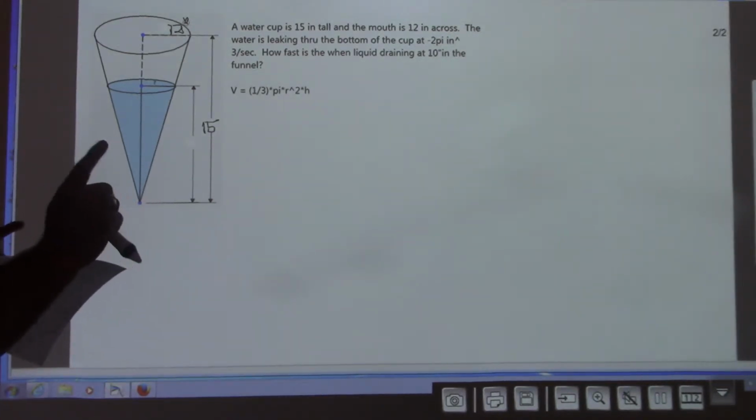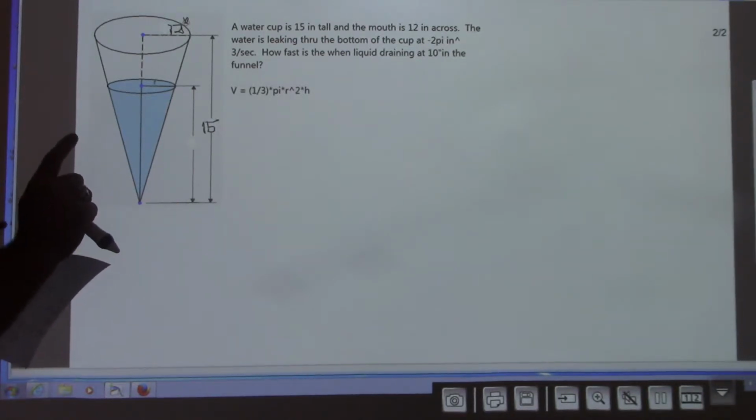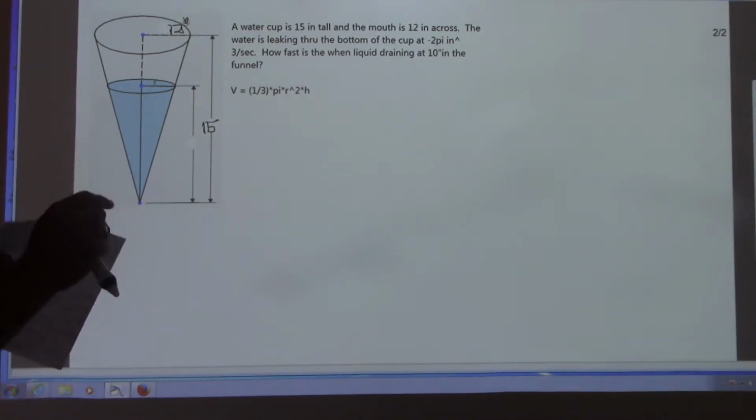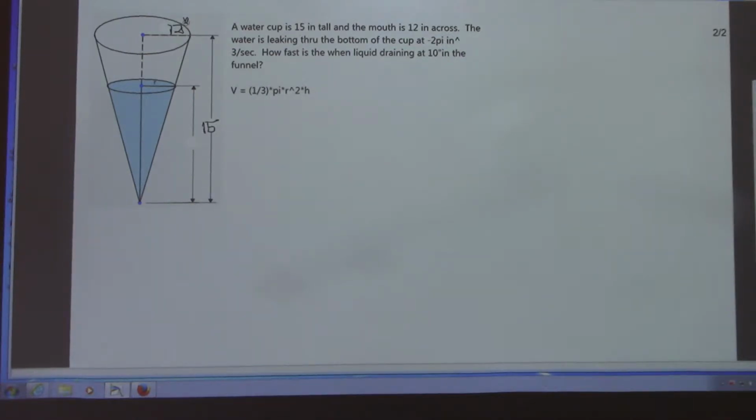That's volume, so dV dt is going to be equal to 2 pi cubic inches per second. And they want to know how fast the water is going down when the liquid is at 10 inches.